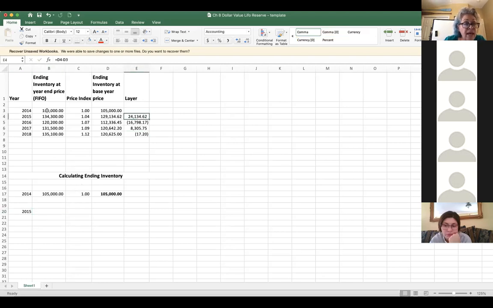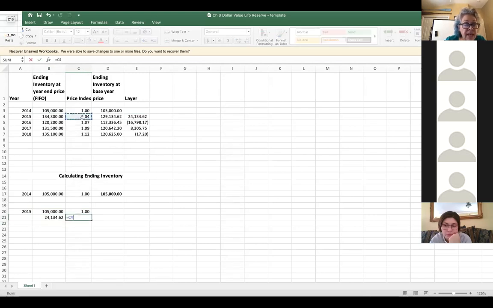So that means that I still had the layer from 2014 at a price index of 1. And I added a layer of 24,134.62 at a price index of 104.